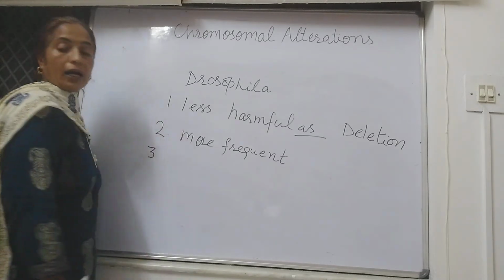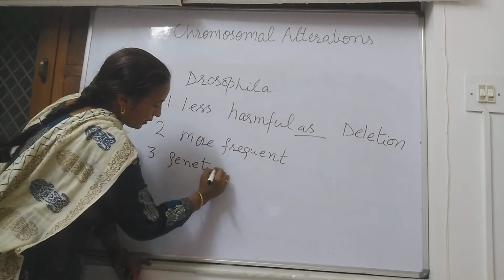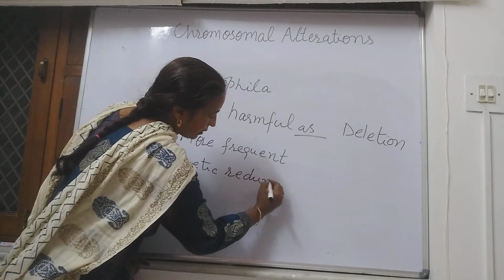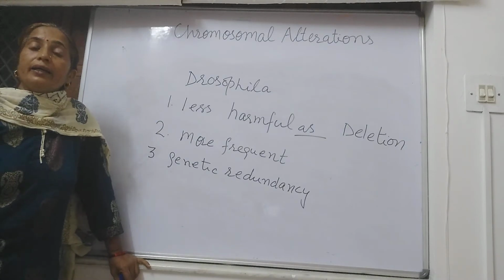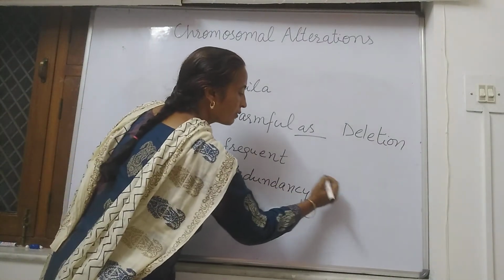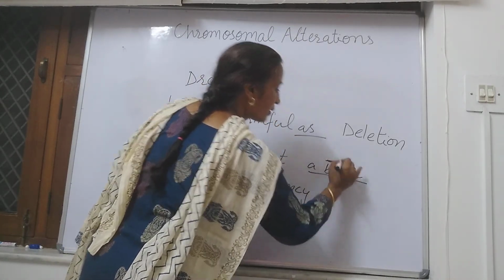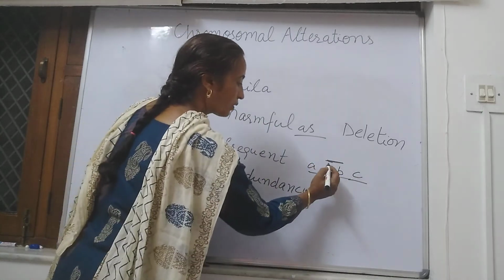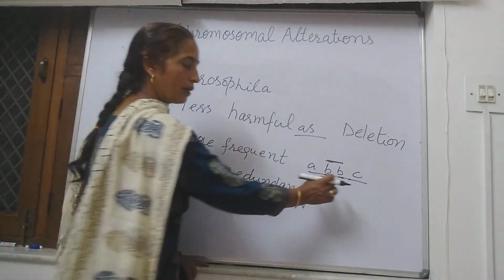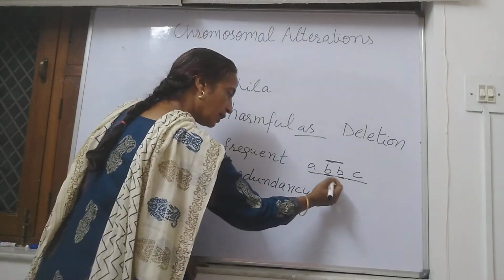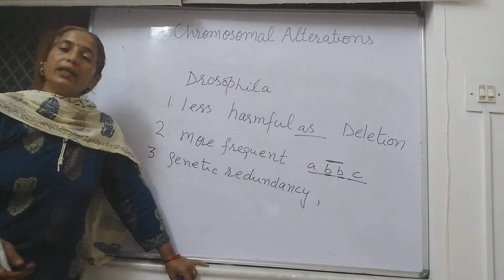Duplication also increases genetic redundancy. Genetic redundancy means, suppose there is a gene, and this is a repetition of the gene, and the effect of this gene is doubled. So this will get protected from the harmful effect of its allelic form.